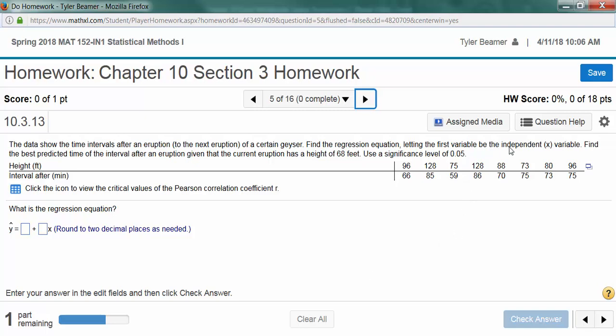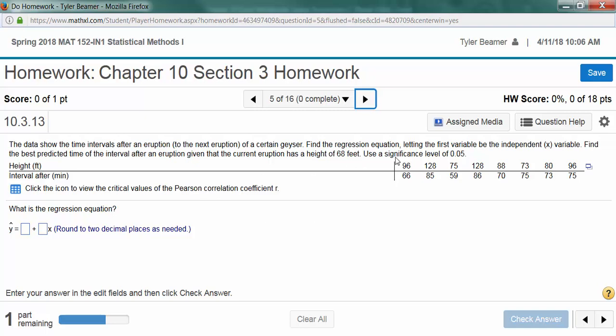Let the first variable be the independent variable x, which will be height. The best predicted time of the interval after an eruption, given that the current eruption has a height of 68 feet, and so we're going to make a prediction on 68 feet. So essentially the time till the next eruption if the previous eruption had a height of 68 feet, and we were going to use a significance level of 0.05.